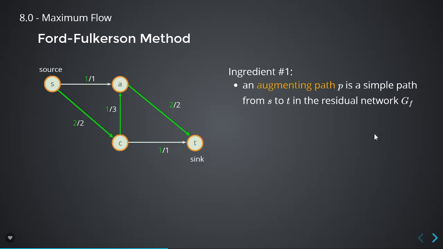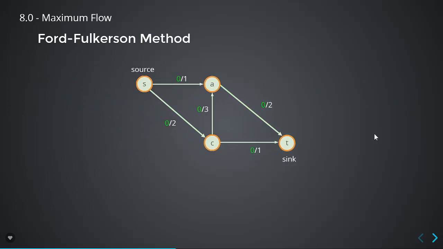But before, think about the process of choosing the augmenting path, because it's not that simple. It's not as simple as saying let's just choose any and be correct. No. Because if you choose SC, CA, and AT as a path, you can send 2, right? You can send 2 down to C, send 2 up to A, send 2 down to the sink.